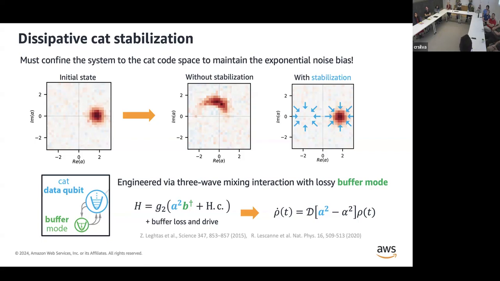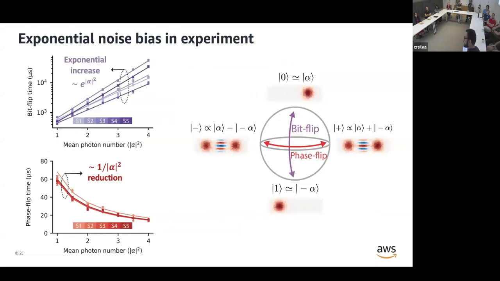So there are future versions of the experiment where we hope we can use alpha squared of like 5 or something like this. And people have tried alpha up to 10, and then you get seconds of lifetime for X. But then of course it decoheres very fast, because the Z errors become very likely.